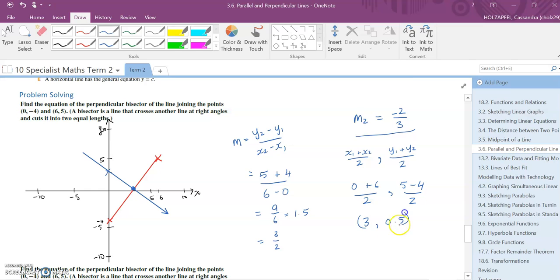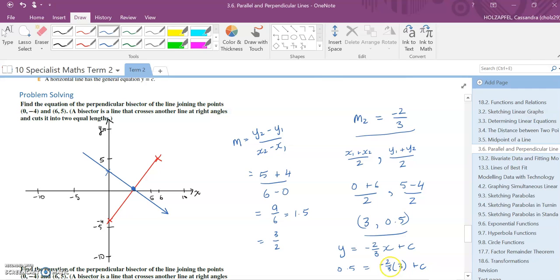So we know that both of those lines are going to cross through at this point here. So I'm going to use this midpoint and substitute that into an equation. Now we know that the perpendicular line has a slope of -2/3. So let's substitute in our values for x and y to find c. So 0.5 will be equal to -2/3 times 3 plus c.